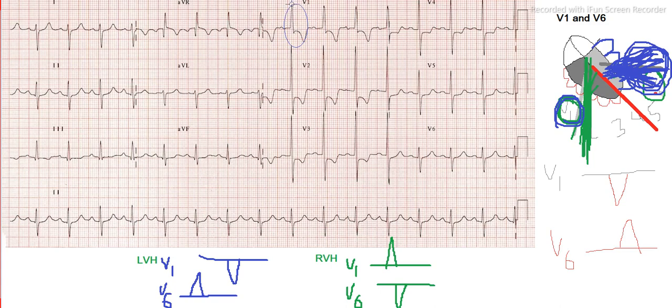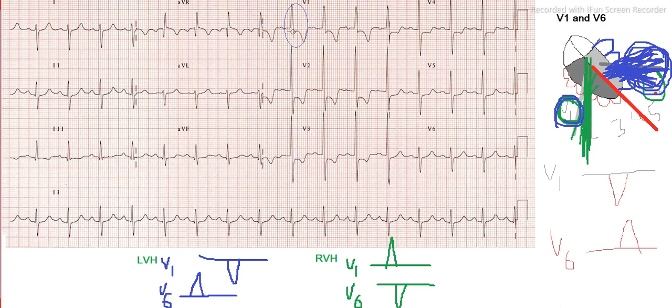You see the R to S ratio is greater than 1 and the magnitude of the R wave is greater when you look at the guideline. Similarly the V2 magnitude is also greater, V3 magnitude is also greater.